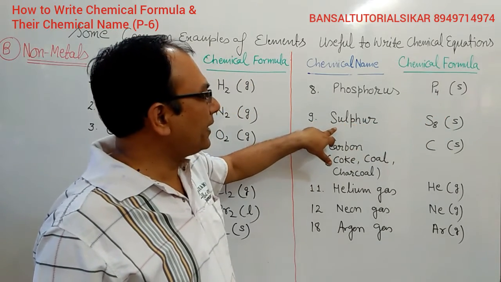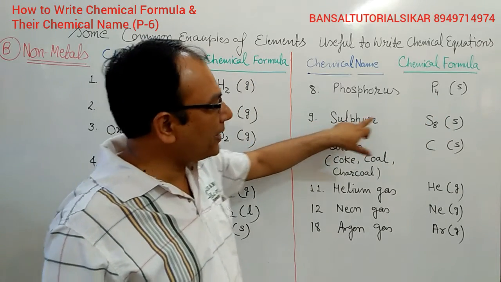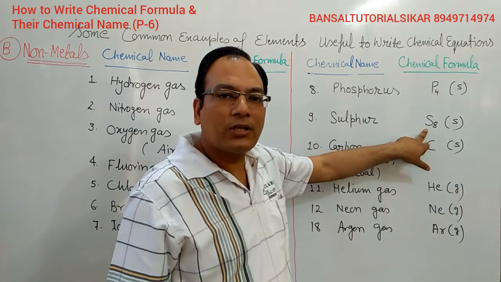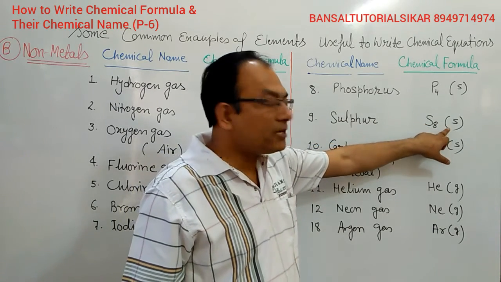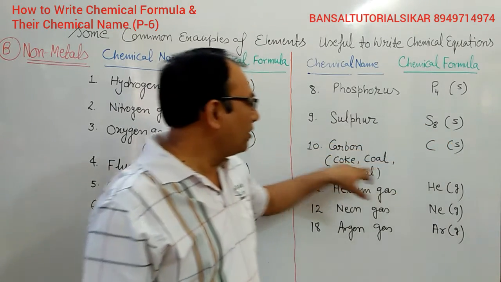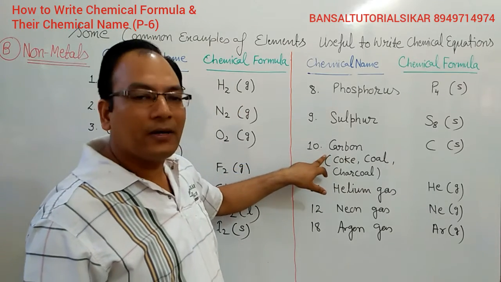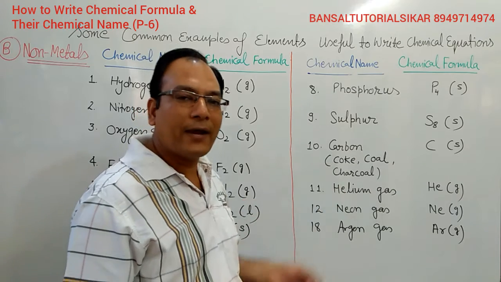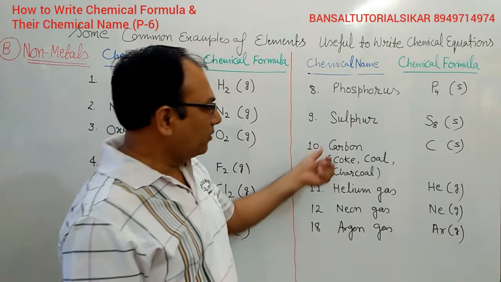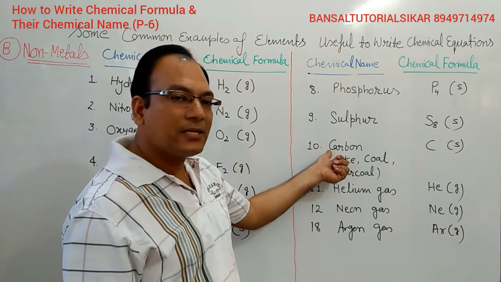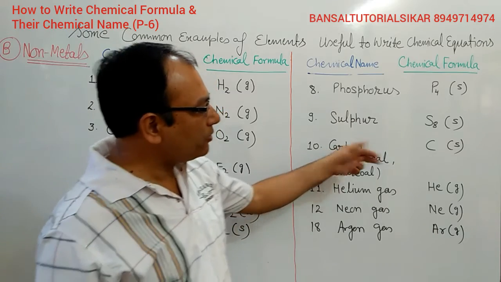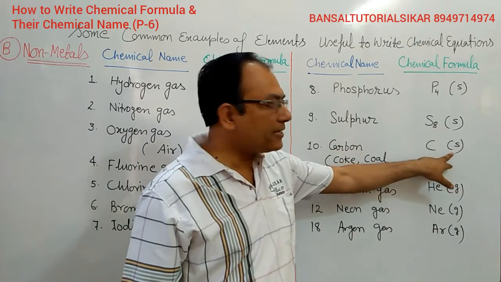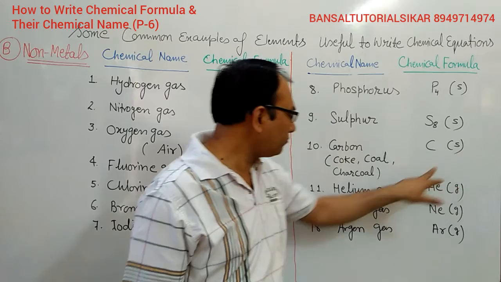If sulfur is given, we will write down S8. This is octaatomic, and it exists in solid condition. Students, whenever carbon is given in the name of coke, coal or charcoal, diamond, graphite, whatever, then the constituent particles contain carbon, and we will write down the formula as C, and it exists in solid condition.